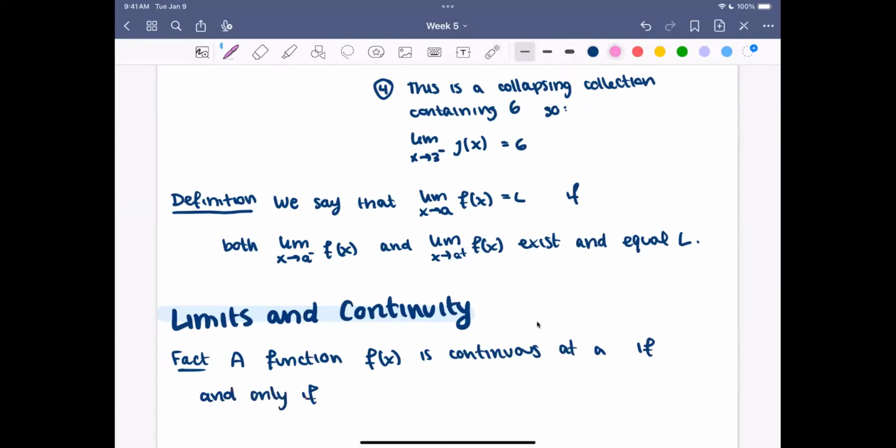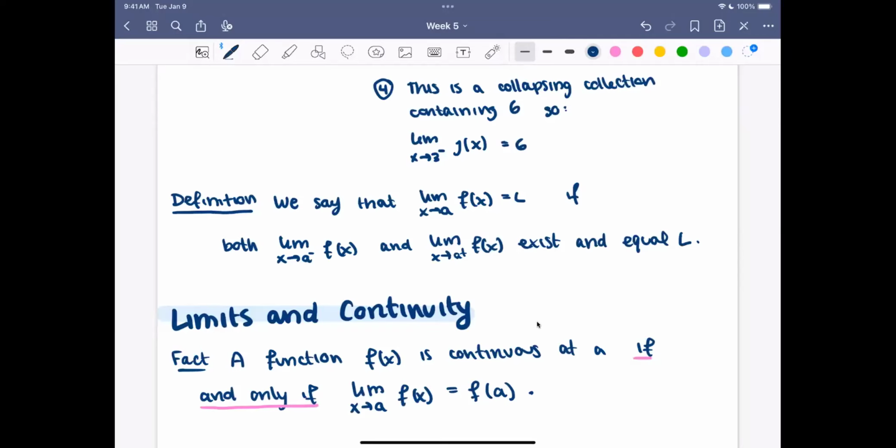which I'll come back to, this phrase, if and only if, the limit as x approaches a of f of x is equal to the value of f of a. Okay, so what does if and only if mean?